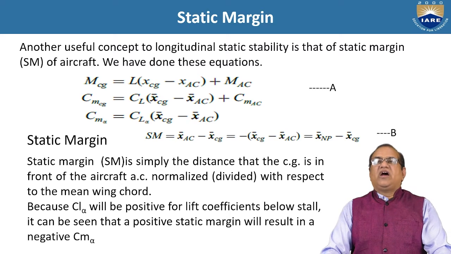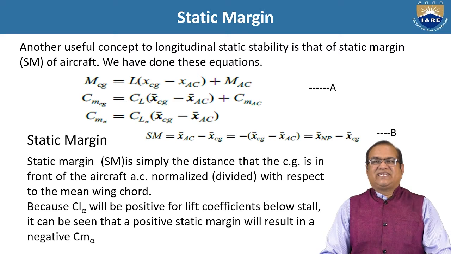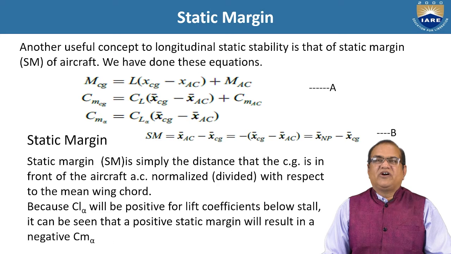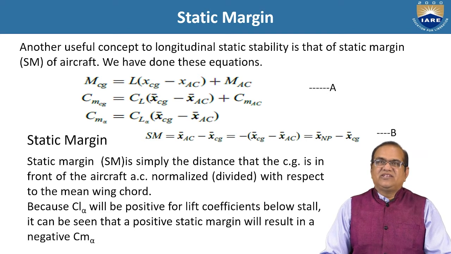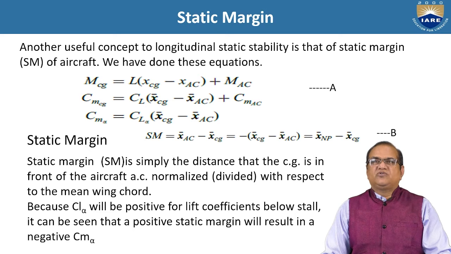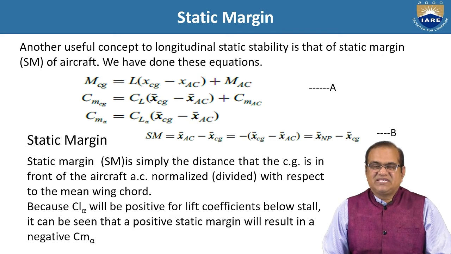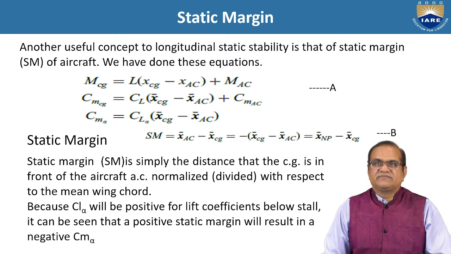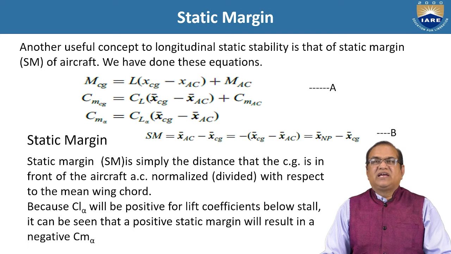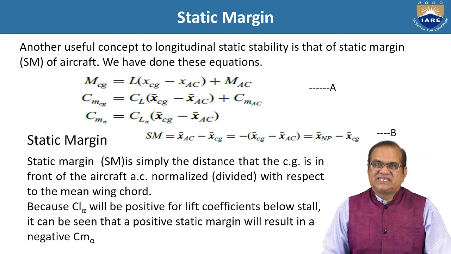Now we have to see what is the static margin. Till now we have discussed the neutral point, but now we want to further discuss the static margin, or SM. Another useful concept in longitudinal static stability is that of the static margin SM of the aircraft. We have done these equations before also, and they are rewritten in this slide.